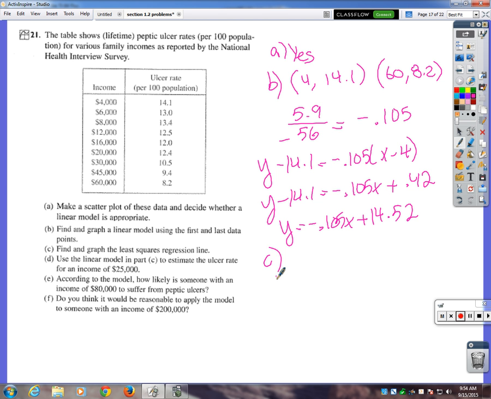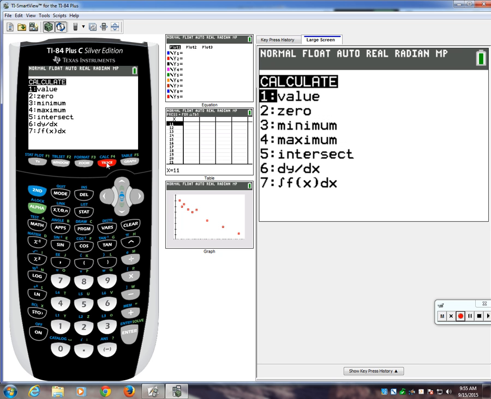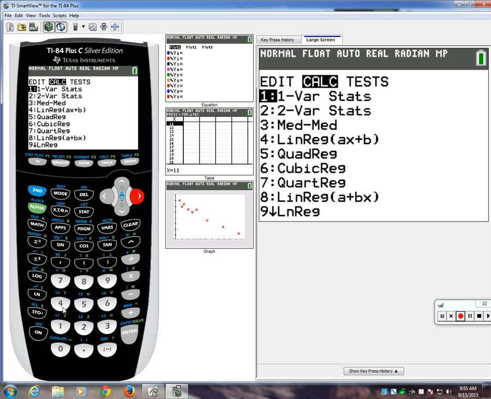Okay, C, find and graph the least squares regression line. So that is this thing right here. Okay, this is the least squares regression line. When you have the calculator do it, that's what that's called. What that means is, I'll show you in a second. So, first of all, since you have to graph this, I'm going to redo this. So I'm going to go second, nope, I'm going to go stat, and then number 4.